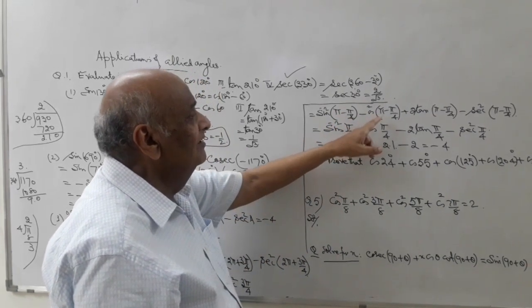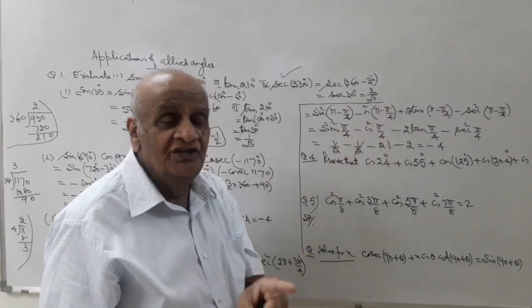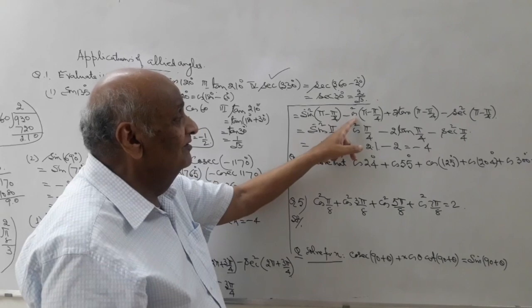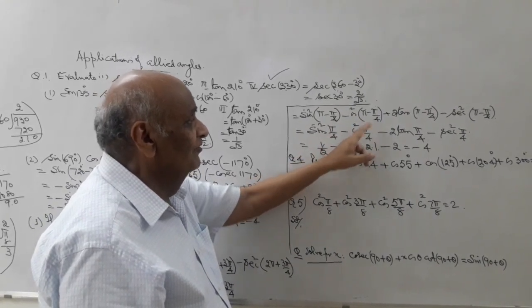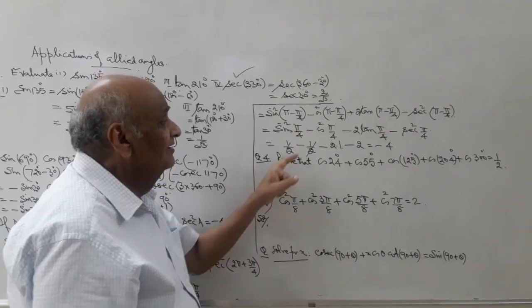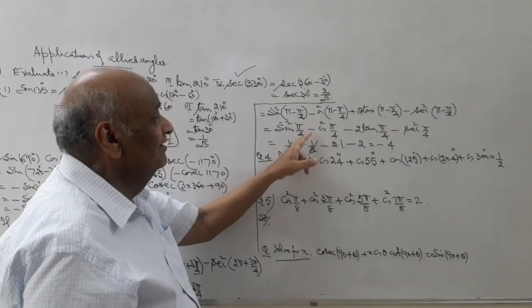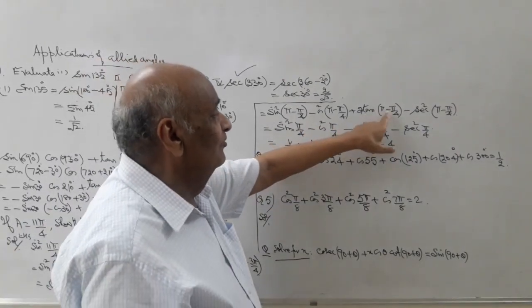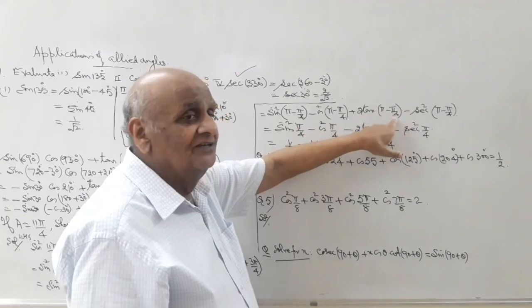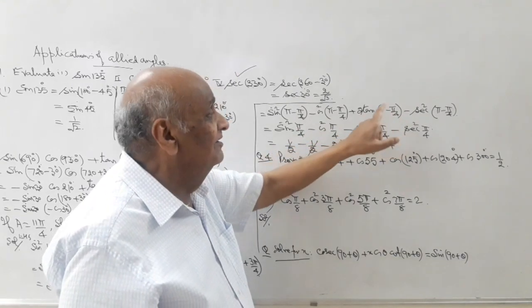Similarly cos square pi minus theta. It is minus cos theta, but because it is square, it will be plus. So it is cos square of pi by 4, with the minus sign in front as it is. Then it is 2 tan pi by 4: tan 180 minus theta, second quadrant, negative.